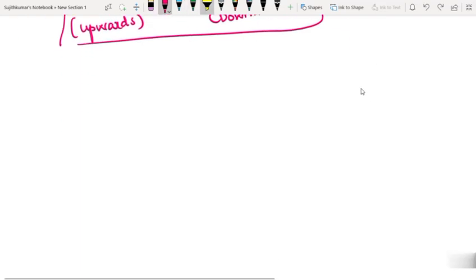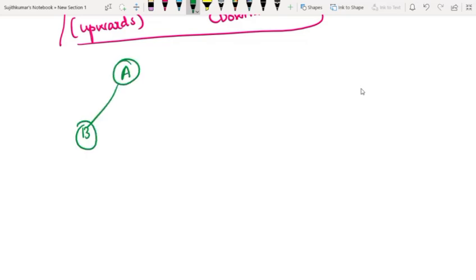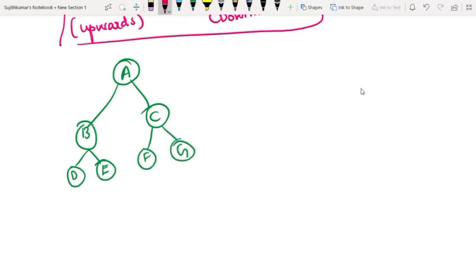Let's take a tree and analyze. So A, B, C, D, E, F, G. What is the height of C? Before that, let me give you the traditional definition also.